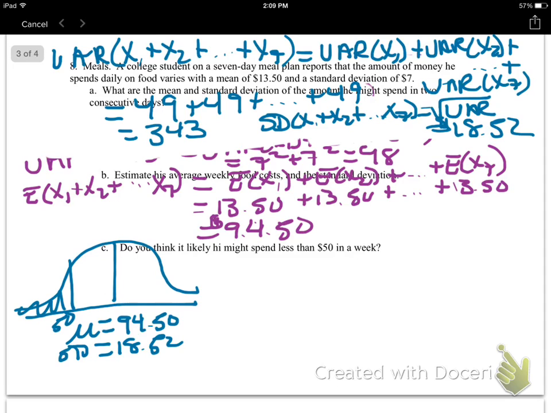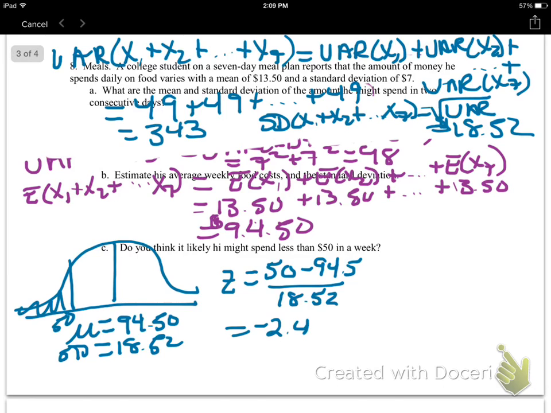Look at that. So my z is going to be 50 minus 94.5 divided by 18.52, and I get negative 2.40.